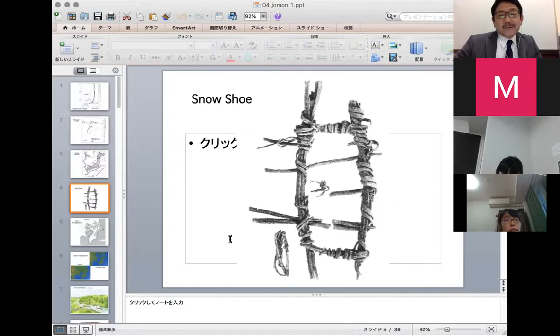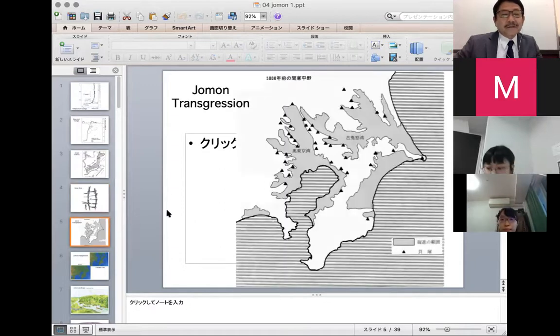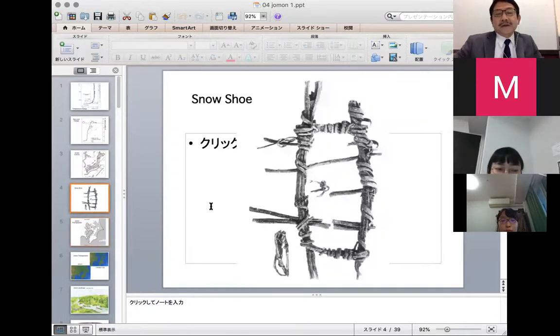And we still use it in areas with heavy snowfall. And they had it already in Jomon time. So that reflects the climate change in Jomon time. They had a lot of snow at the time, different from the previous period.